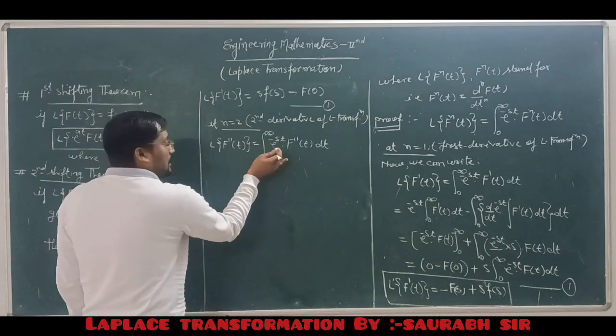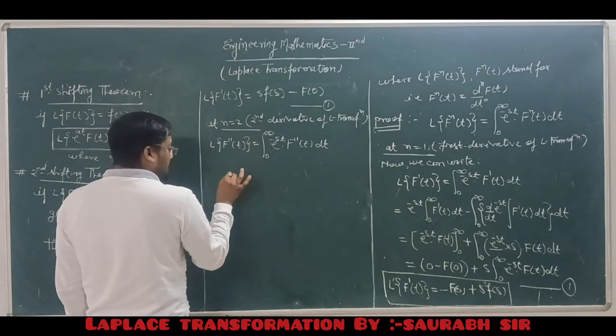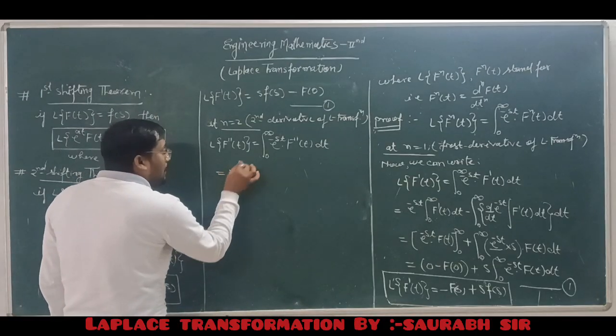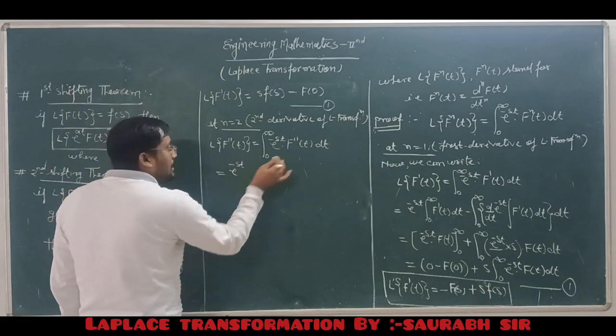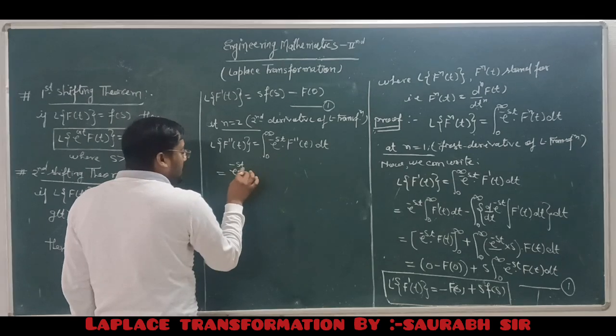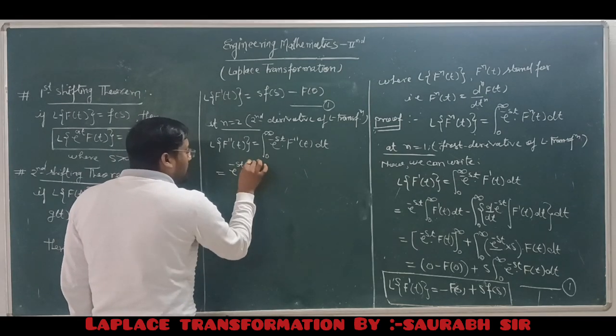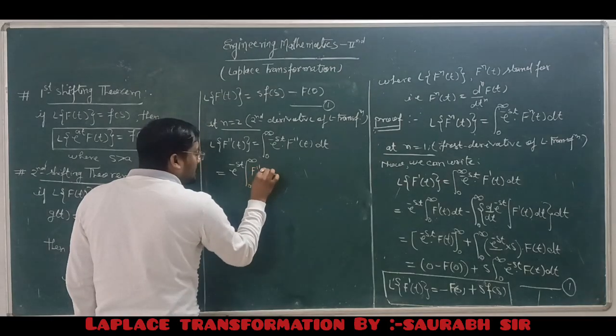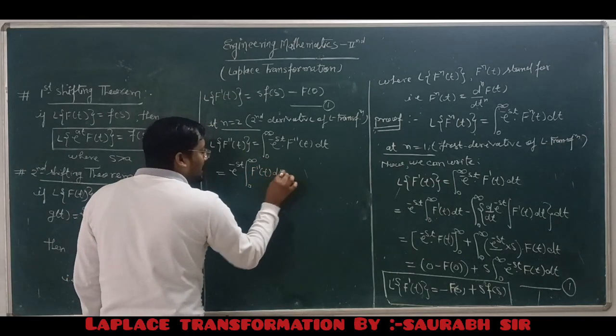First, let e to the power minus st. Now you can write e to the power minus st and the integration of f''(t) dt, from 0 to infinity.